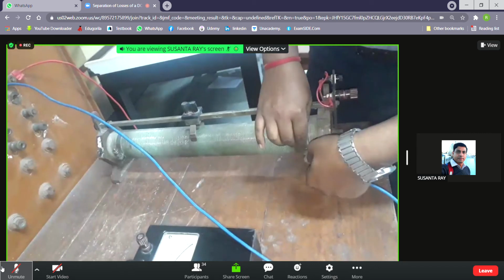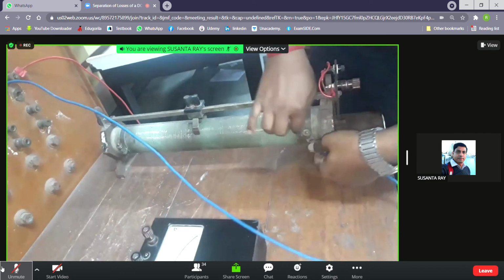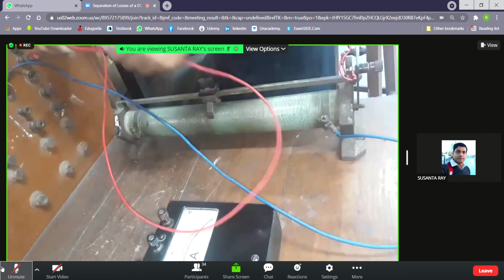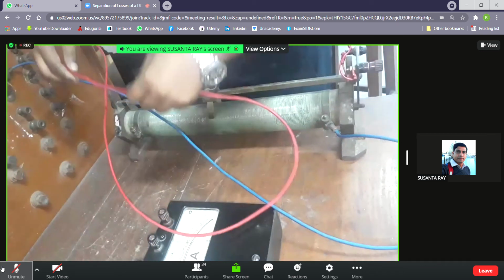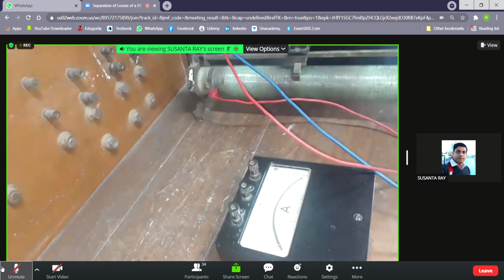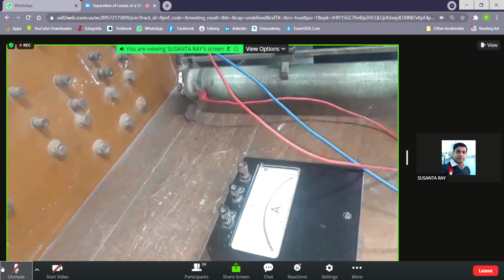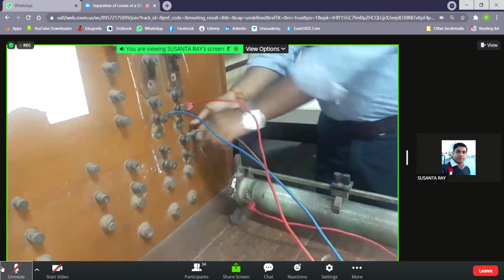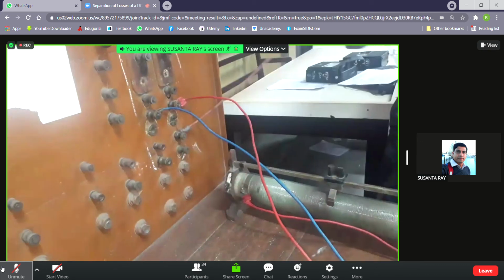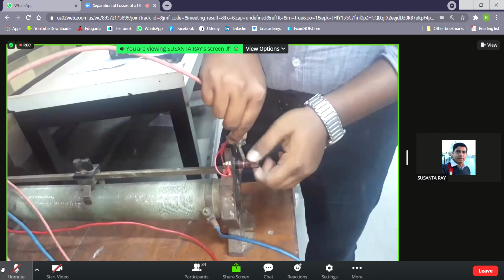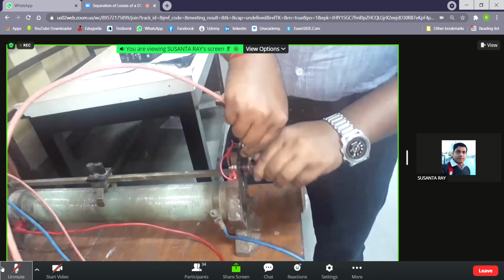These two are the fixed ends. Now the fixed two ends are directly across the supply. And this is for the variable end. You see, the variable end is connected there.